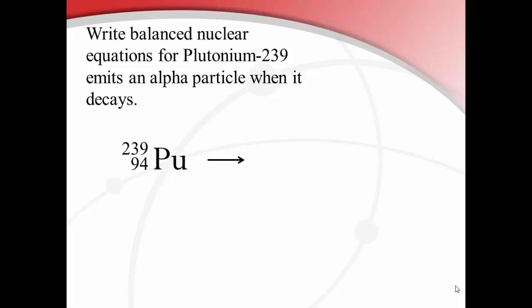Arrow, will produce an alpha particle, so it's the symbol for a helium nucleus. It has a mass of 4 and an atomic number of 2. Plus, we're going to produce a new element.